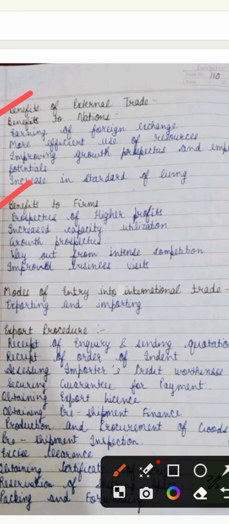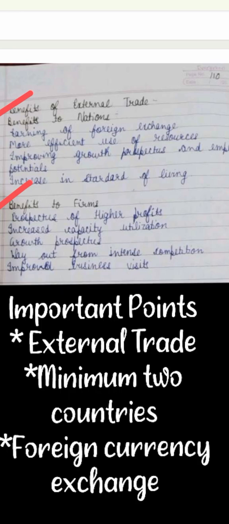Companies involved in external trade increase production capacity. Prospects for growth. A way out from intense competition in the domestic market. Improved business vision. All these points explain that international business has benefits for nations and for firms.